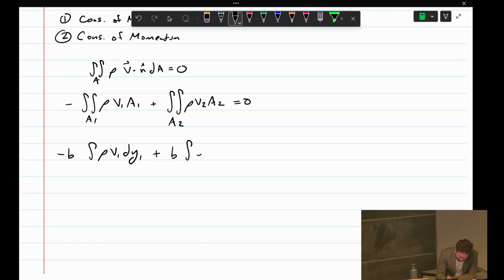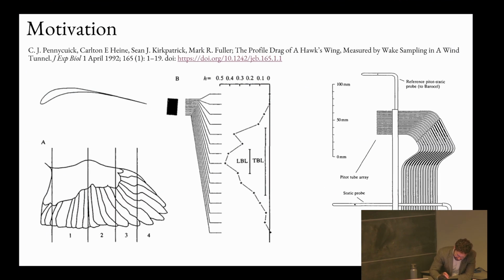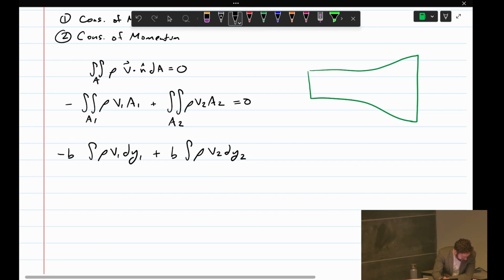So B is the width into the page, and we're assuming this is a constant profile into the page. I'll also show you what these are. So this is our CV. It looks something like this.